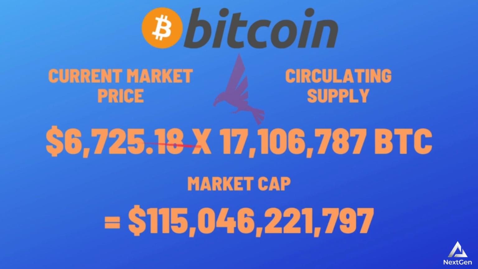And at the time, the circulating supply was 17 million Bitcoin, give or take. Now we can multiply these two figures to get a market cap of $115 billion. Now in today's day, Bitcoin's market cap, current price, and circulating supply is much higher. So we'll be sure to take a look at some updated modern figures of this example in just a little bit.